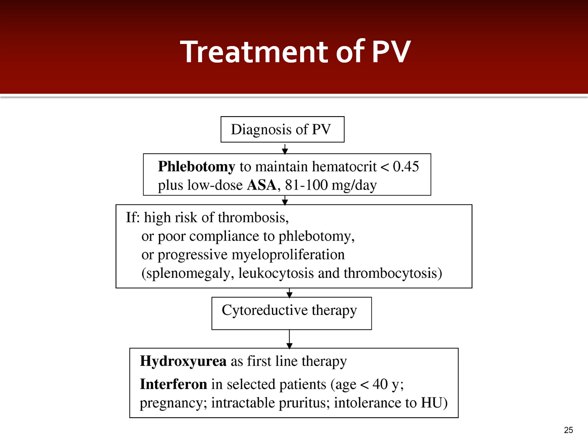Interferon, you're going to give to clients that are less than 40 years old, pregnant clients, and those clients that continue to have itching or pruritus. So again, interferon and hydroxyurea are going to be your treatments besides the phlebotomy.